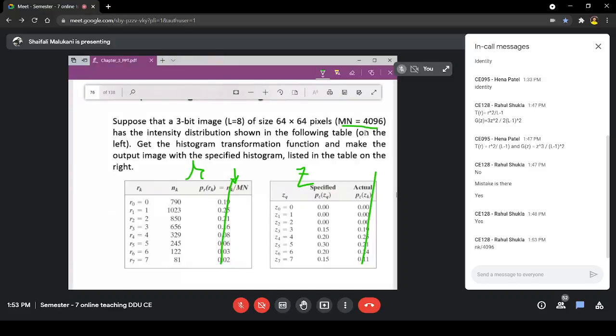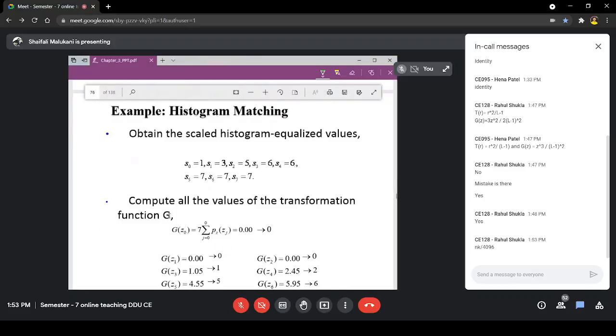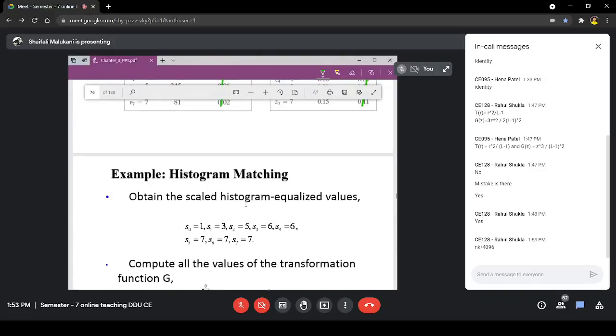Now, this you can easily obtain, and equalization of this we have already completed, and we obtained that 0 should be replaced with 1, 1 should be replaced with 3, and so on.